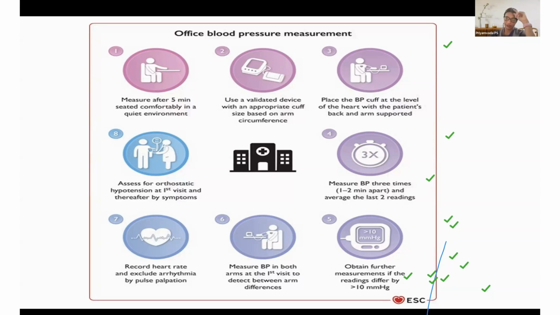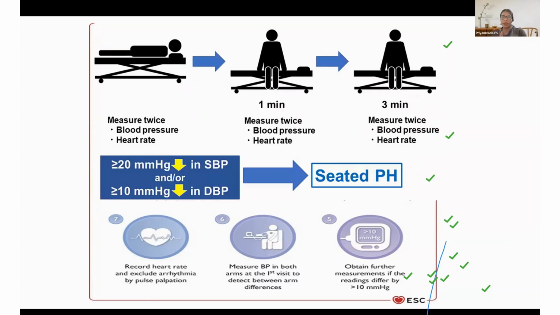And another thing we need to do in the first visit is look for the presence of orthostatic hypertension. Thereafter, once we start antihypertensive therapy, if the patient is complaining of any symptoms suggestive of orthostatic hypertension, again we need to check. To demonstrate orthostatic hypertension, the patient has to be in supine position at least for 5 minutes.